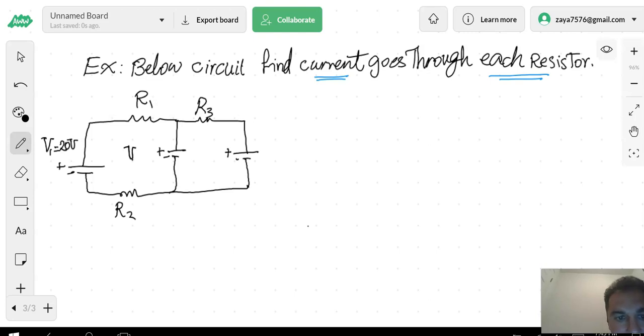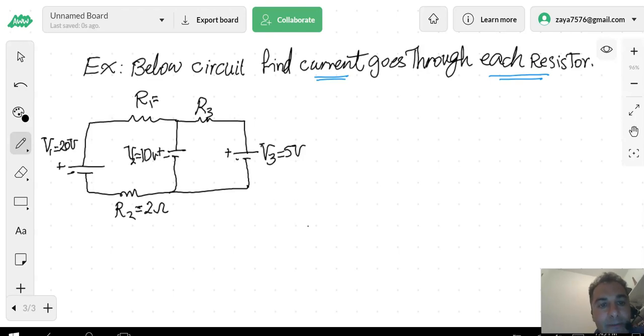Here the second voltage is 10 volt. Voltage 3 is, let's say, 5 volt. Okay? Let's say resistor 2 is 2 ohm.